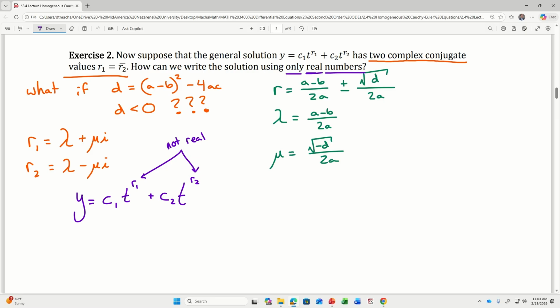And so what we have to do is recall some properties of exponents, like t raised to the r power is the same thing as e raised to the power natural log of t raised to the r power.